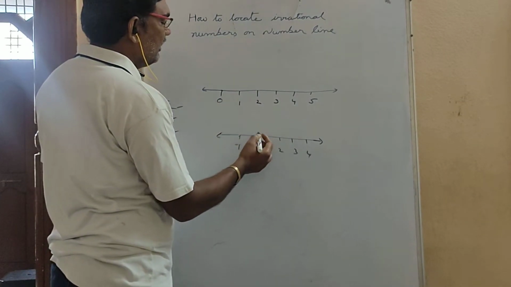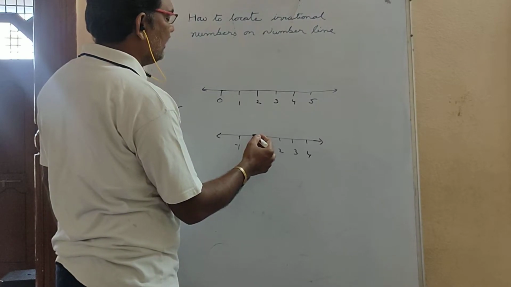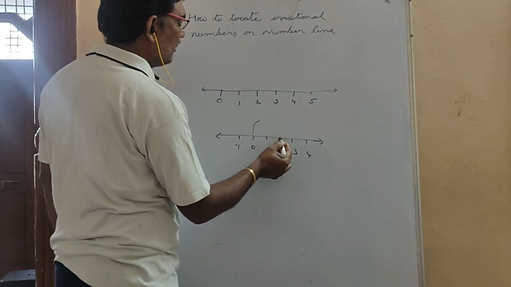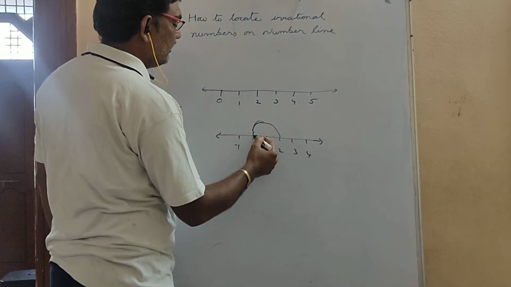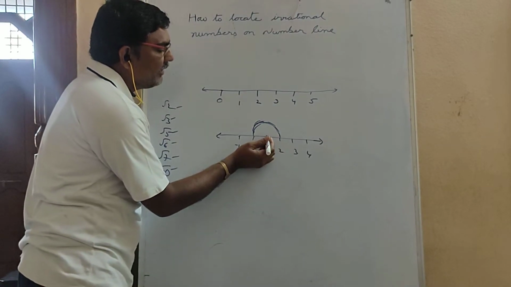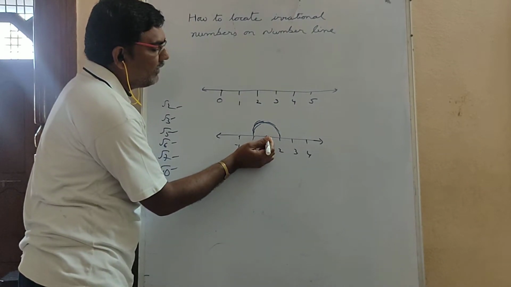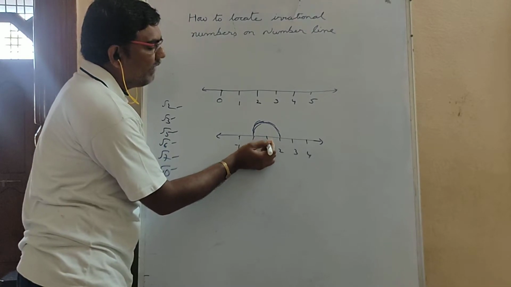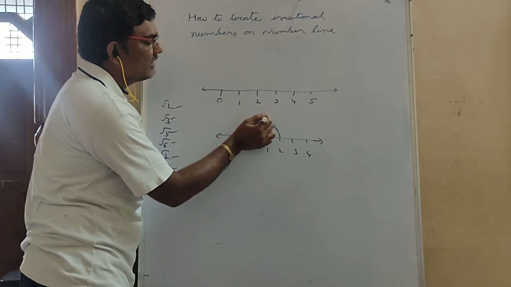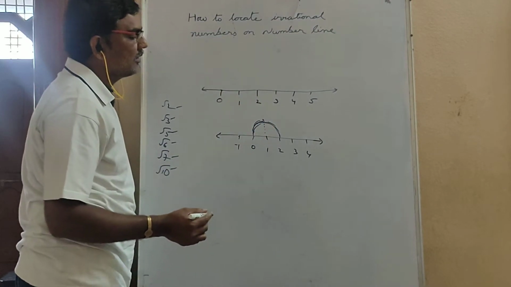And now what you have to do is take a protractor. You know about the protractor or not? So here, this protractor's middle point should be at 1. And exactly where 90 degrees is, just keep a dot like this.